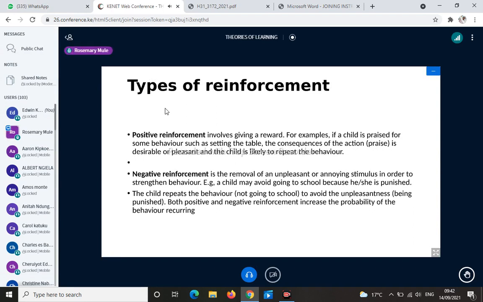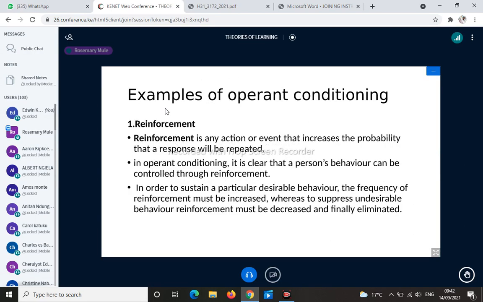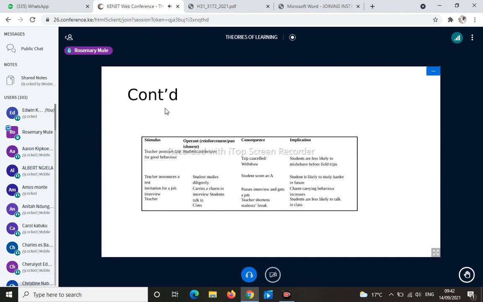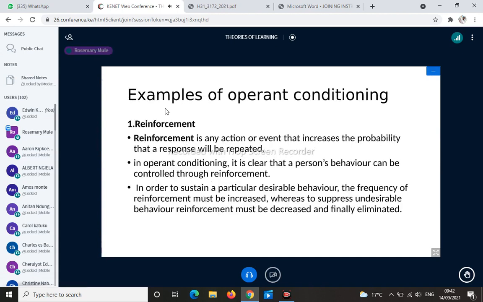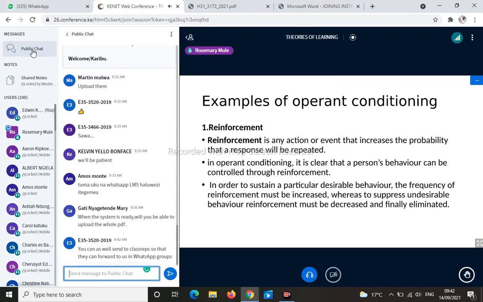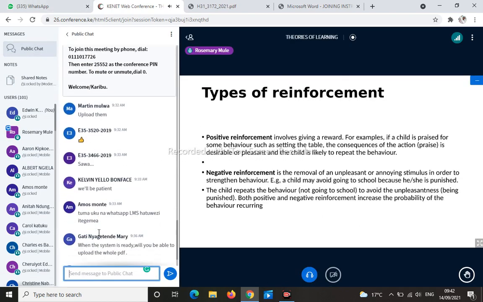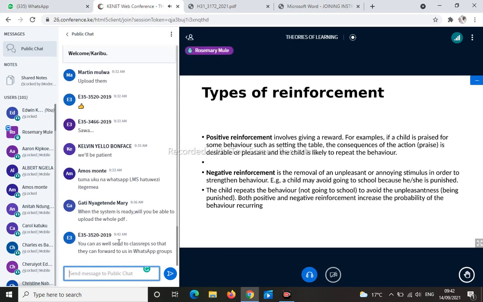Dear friends, these are some of the examples of operant conditioning. And I would want to end there with these examples of operant conditioning, because the next area, types of reinforcement, we need to study it when we are not tired.